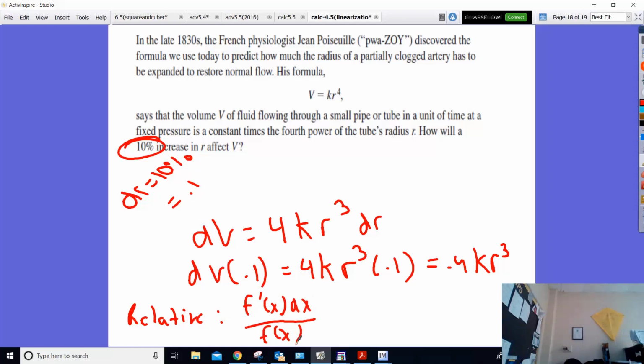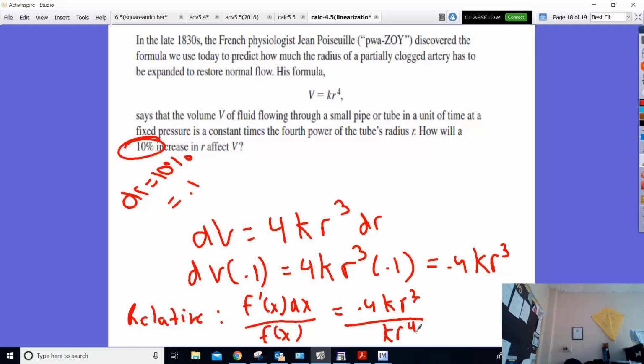Isn't that what you wrote down? Well, you know what f prime of x is. You just did it. You don't have a number like you usually do. You have it, don't you? It says 0.4 k r cubed, sitting over the original function, k r to the fourth.